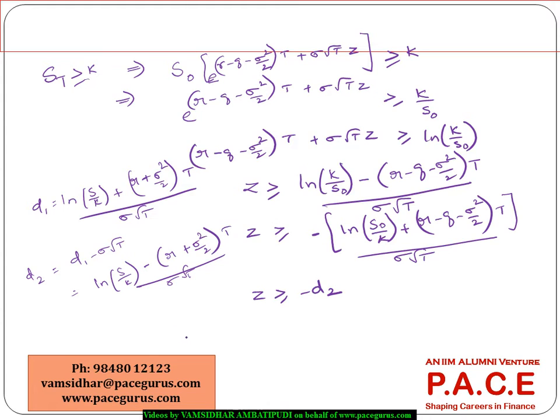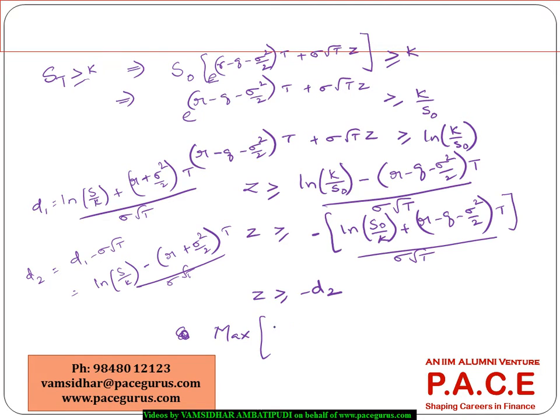So what does that mean? I can very well say now the price of the call option, the value is the maximum of ST minus K. Now what is ST here?